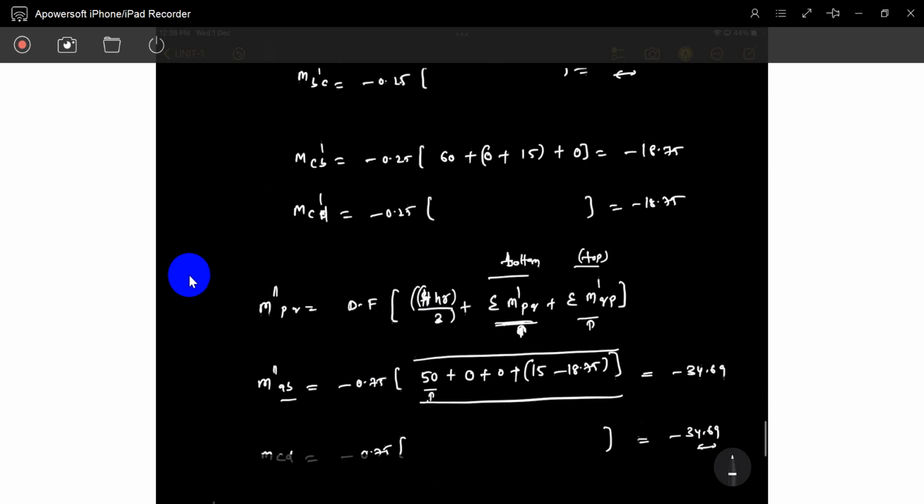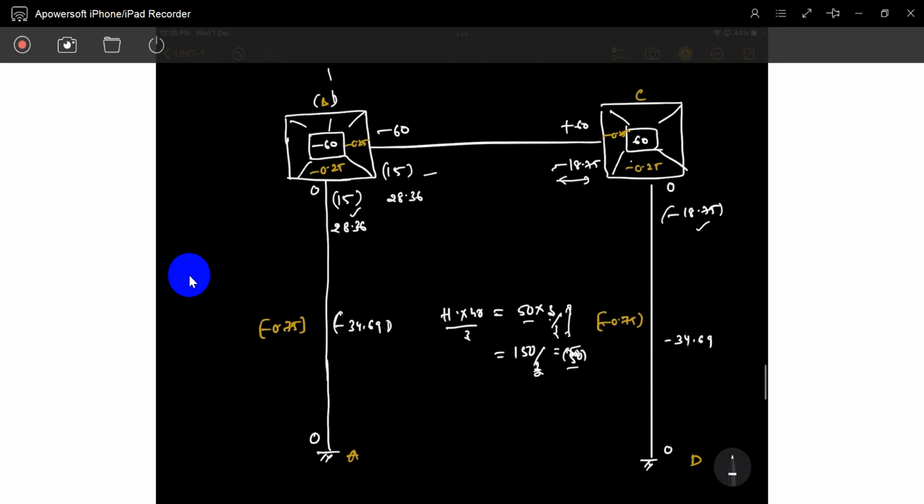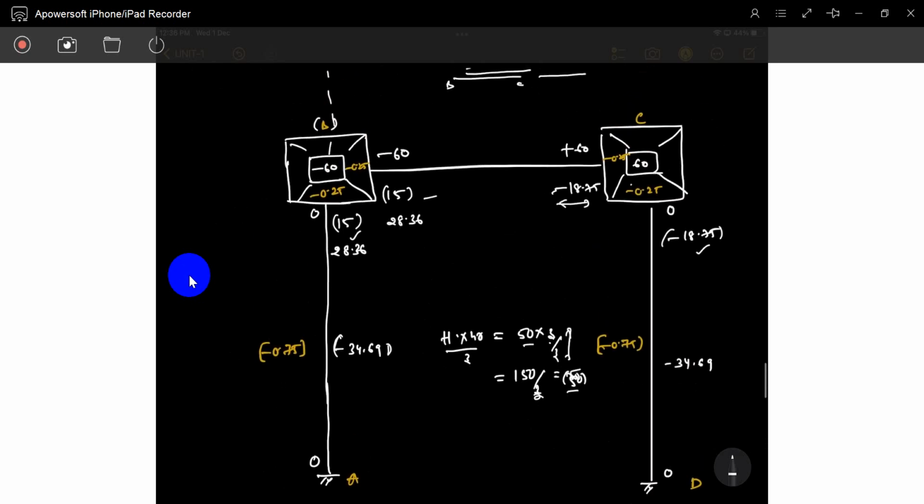So now go to C. CB, same, but it's 60. From D it is 0. From B, 28.36, you already know. For the same column, the translational moment is also CD and CB. From CB you didn't get anything from the translational.